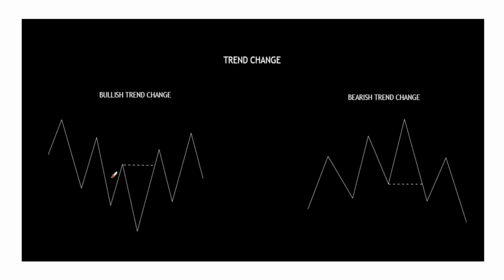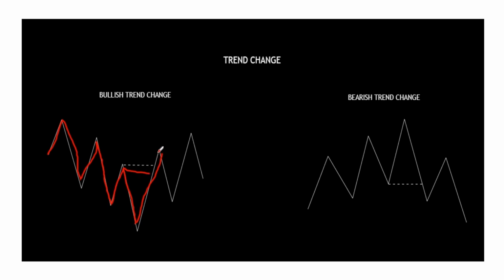Last but not least, trend change. What is a trend change? Trend change is simply when price breaks structure to the opposite side of what is expected in a particular trend. For example, bullish trend change. So we have a bearish downtrend here, right? Characterized by lower lows and lower highs. And then all of a sudden, price breaks structure, right? A strong high is broken, right?